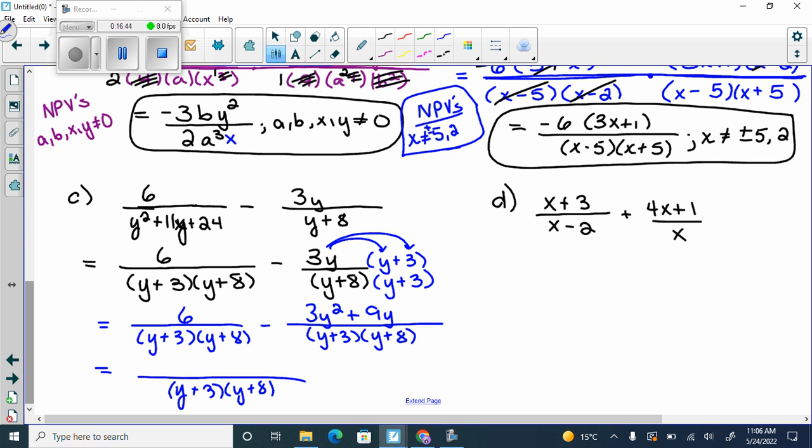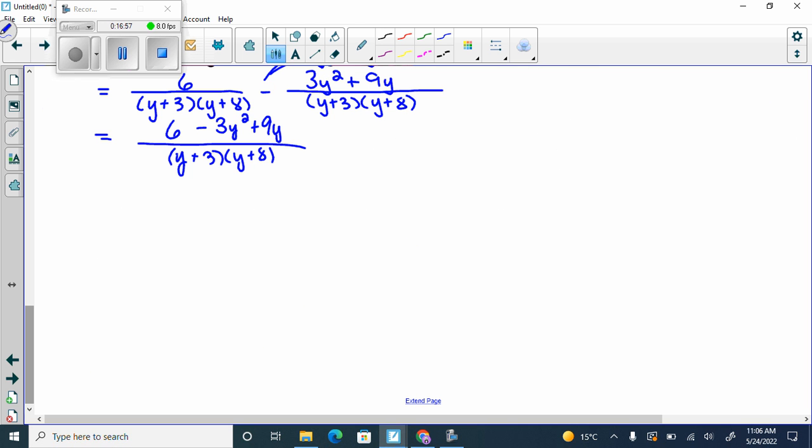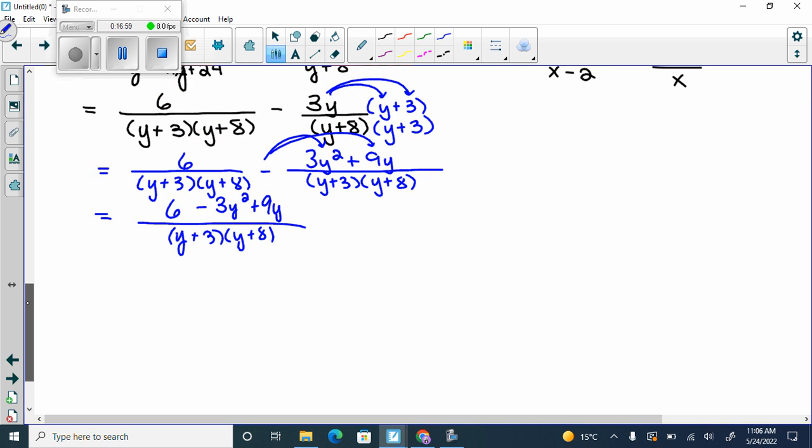And on the top we get 6. And with subtraction we have to remember to distribute that minus sign through. So we get minus 3y squared plus 9y. Can we collect any like terms? We can't take anything out. We can't cancel anything off.